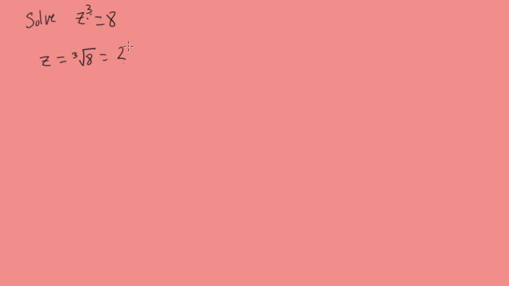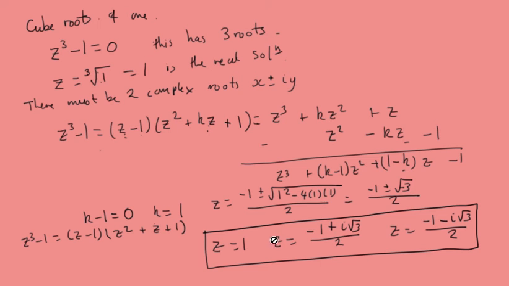So we can take the cube root of 1, which is 1, and multiply it by 2. But we already know what the cube root of 1 is, because we've just done it. It's these.